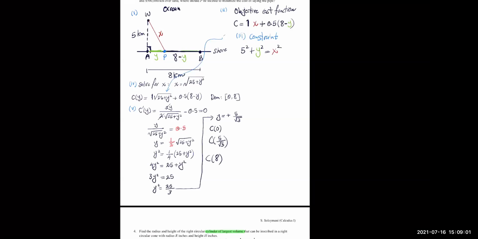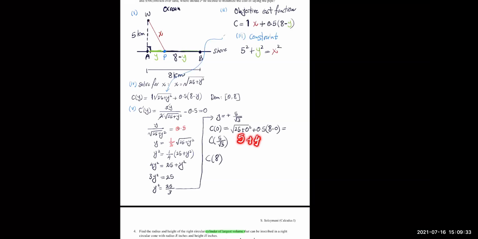Yeah, so let's plug in cost into the cost function right here. You get square root of 25 plus 0 squared, y is 0 here, plus 0.5 times 8 minus 0. Okay, so here what we get is 5 plus 0.5 times 8, which is 4.